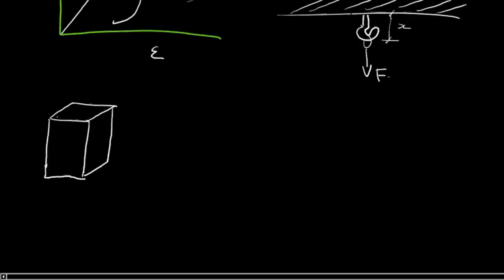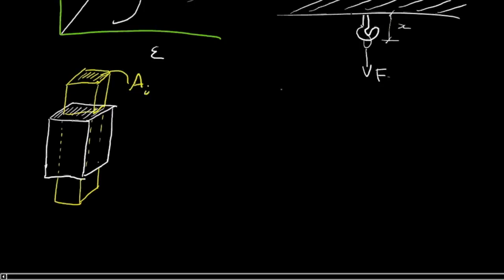So there's our sample with its initial cross-sectional area, as we've discussed before. When you load it, it gets longer and gets narrower. It's that reduction in the cross-sectional area that we're interested in, because this area here is what we could call the instantaneous area, whereas this white area was the initial area.